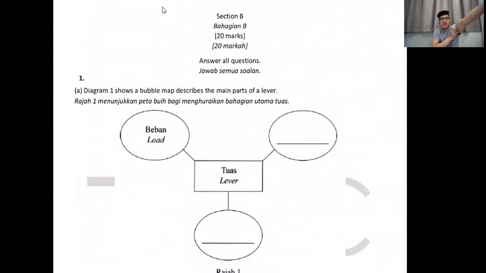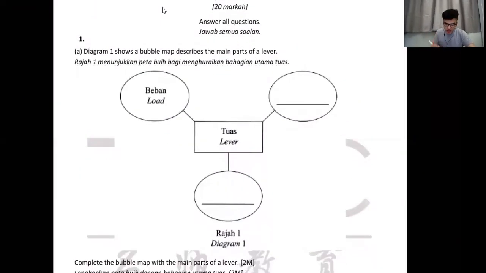So first question. Diagram 1 shows a bubble map describing the main parts of the lever. We just did this. A lever has 3 parts: the load, the effort, and the fulcrum. The load they give you already, the beban.